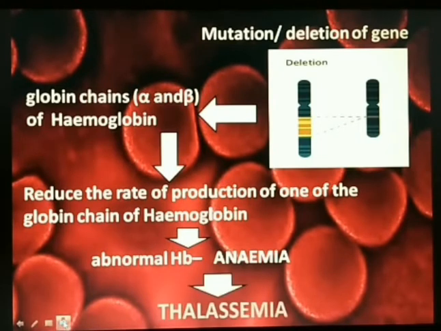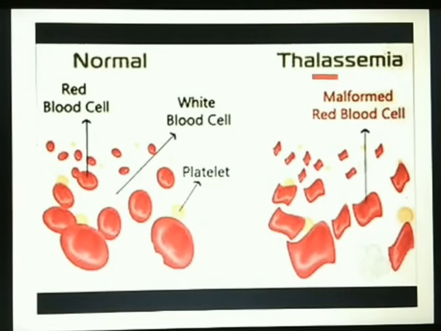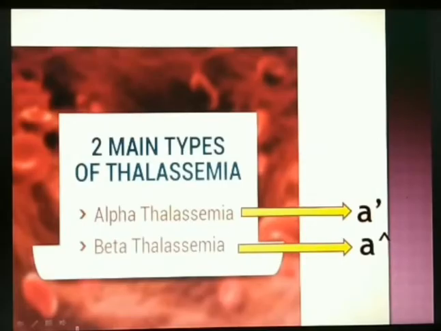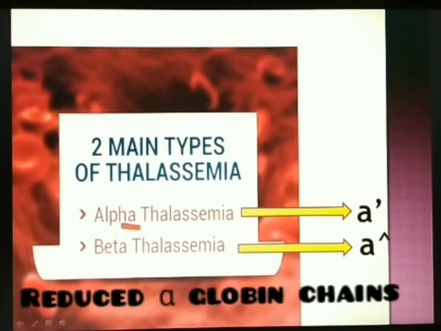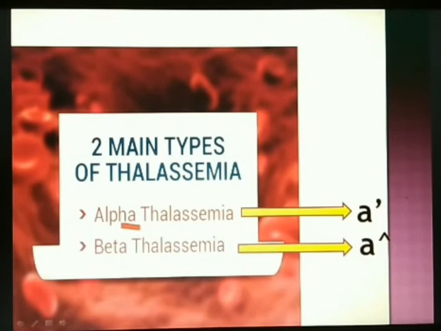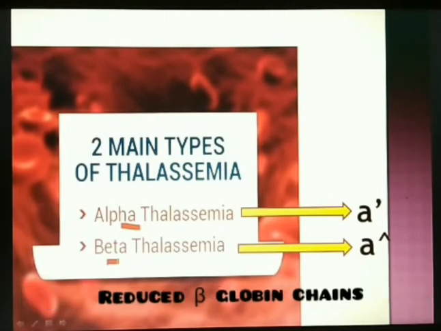Therefore, it results in the disorder called thalassemia. So the individual who is suffering from thalassemia will produce malformed RBCs in their body. Depending on the globin chain that is affected, there are two types of thalassemia. Namely, alpha thalassemia indicates that the alpha globin chain is defective, and beta thalassemia indicates that the beta globin chain is defective.